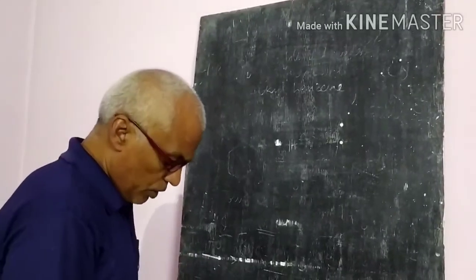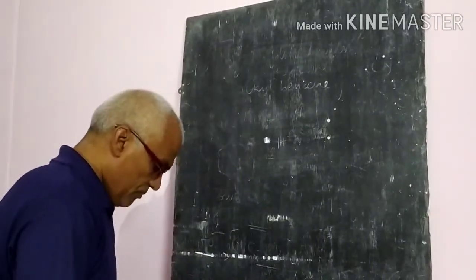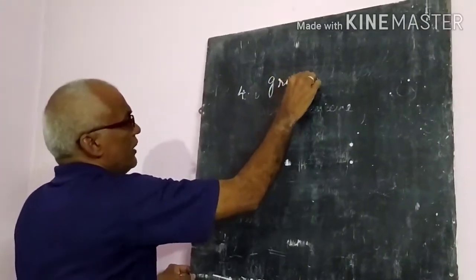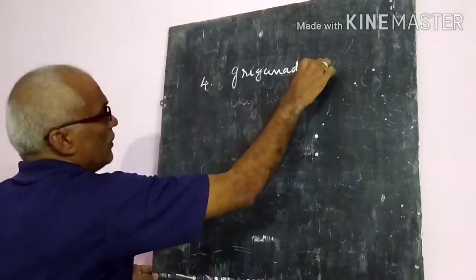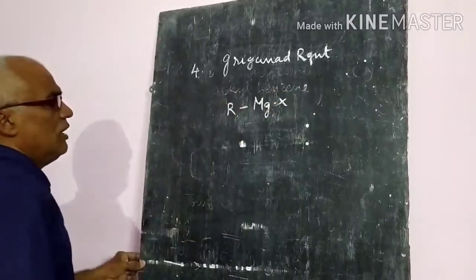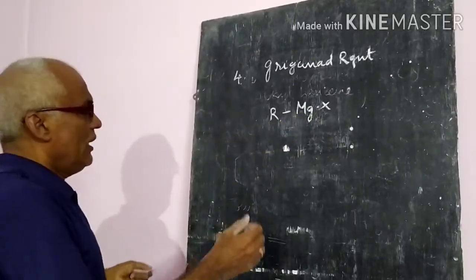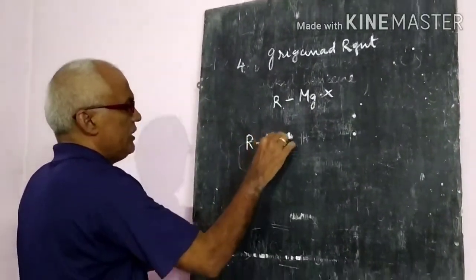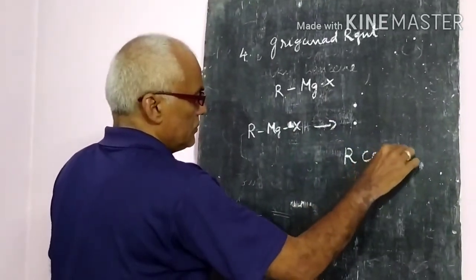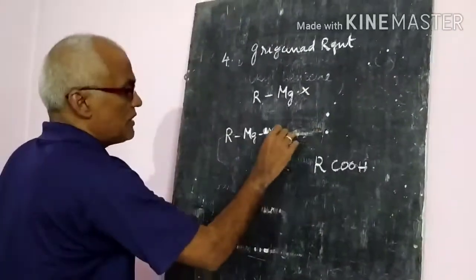And the fourth method is from Grignard reagent. It is also very easy. Grignard reagent is RMgX, alkyl magnesium halides. From the Grignard reagent, what do you have to do to get RCOOH? This is special, listen.